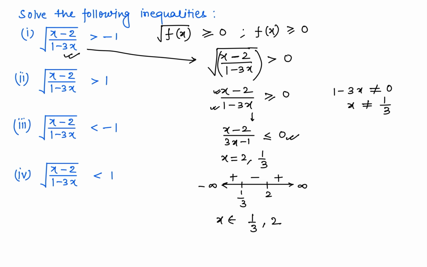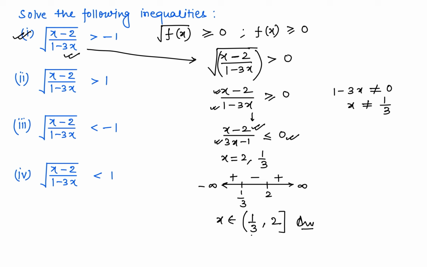Now the critical point which is in the numerator only is included in the solution, and the critical point which lies in the denominator is excluded. So x belongs to 1 by 3 to 2, where 1 by 3 is open, is our final answer for question 1.